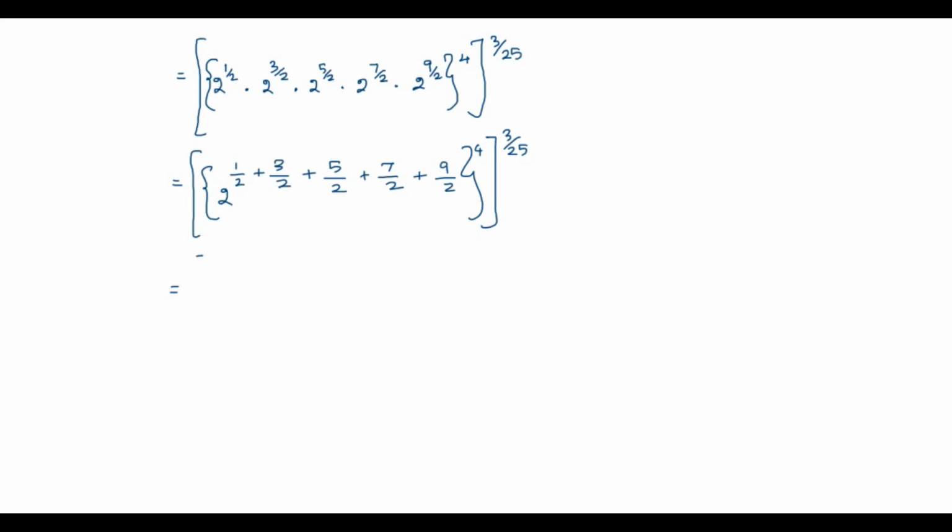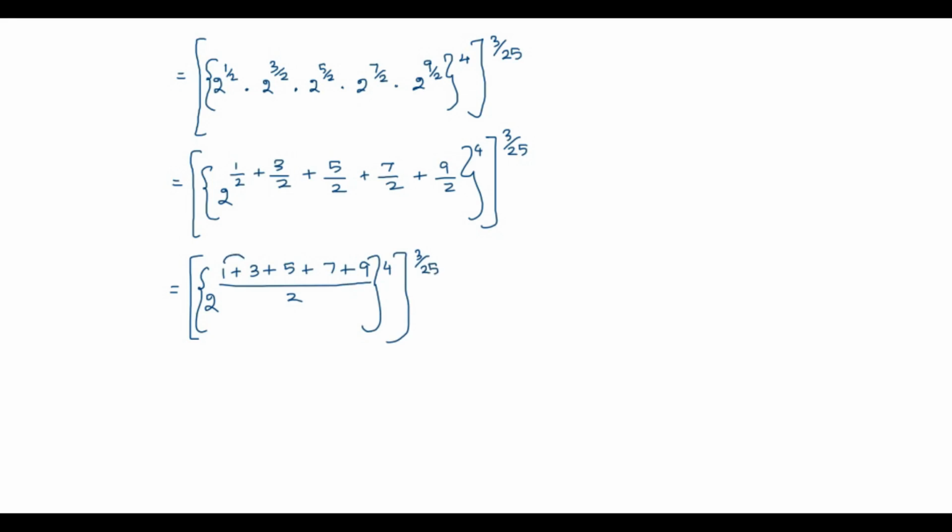Okay, here all these fractions have the same denominator, so we can take the denominator in common, that is, we can take the denominator once and add the numerators. So 1 plus 3 plus 5 plus 7 plus 9, whole divided by 2, to the power of 4 again to the power of 3 divided by 25.